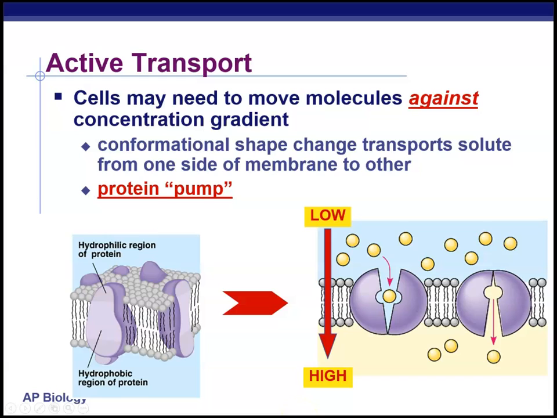This will usually require ATP to prime the pump, which is usually a protein that's embedded in a cell membrane. And ATP will activate that protein or activate that pump, and then the protein has to change shape in order to carry those molecules across. Therefore, that protein is nicknamed a pump.